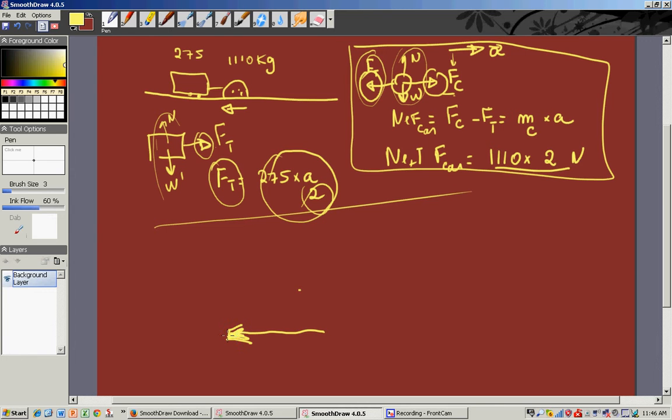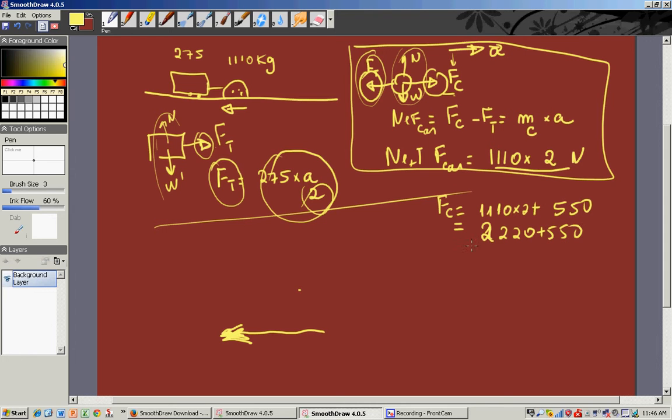Well, the car pulls the road in that direction with a force that is equal to Ft. Did we calculate Ft? No, F car. F car is equal to 1110 times 2 plus Ft, and Ft is 550, right?